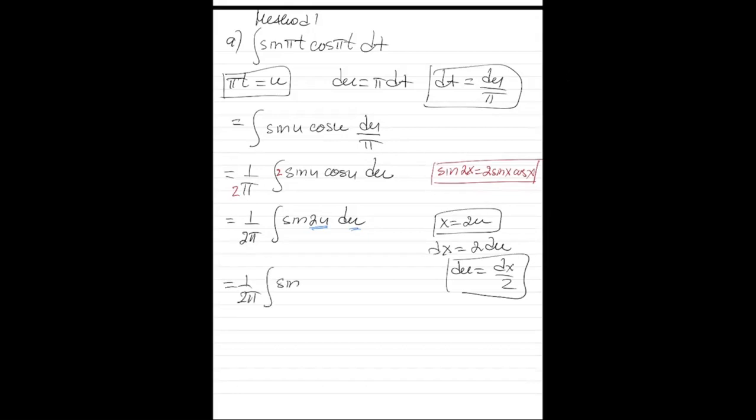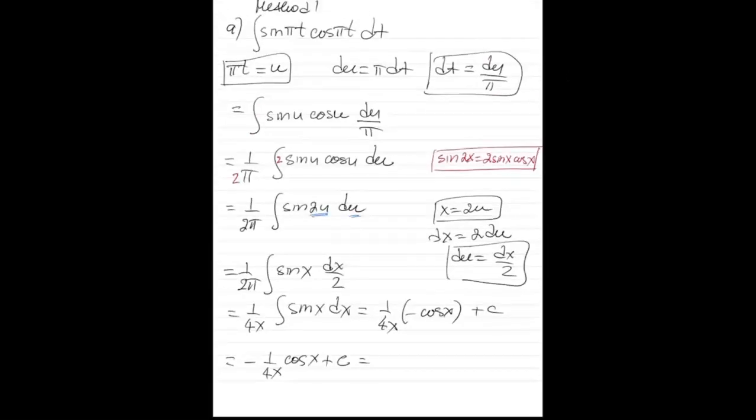I have sine of x instead of du, dx over 2. So the 2 goes on the front, integral of sine of x dx. So that is negative cosine x, plus c, of course. And finally, we need to go back to our old variables.